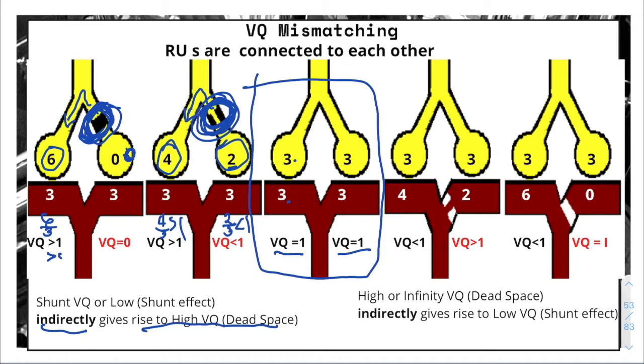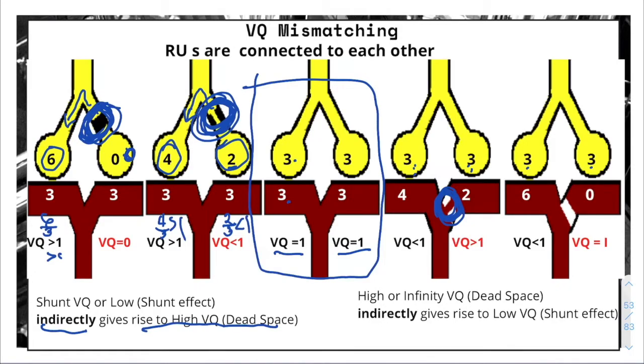On the other hand, if you have a high VQ, or a VQ of infinity, where there is a perfusion problem, ventilation is not a problem. Both respiratory units are receiving 3 liters.